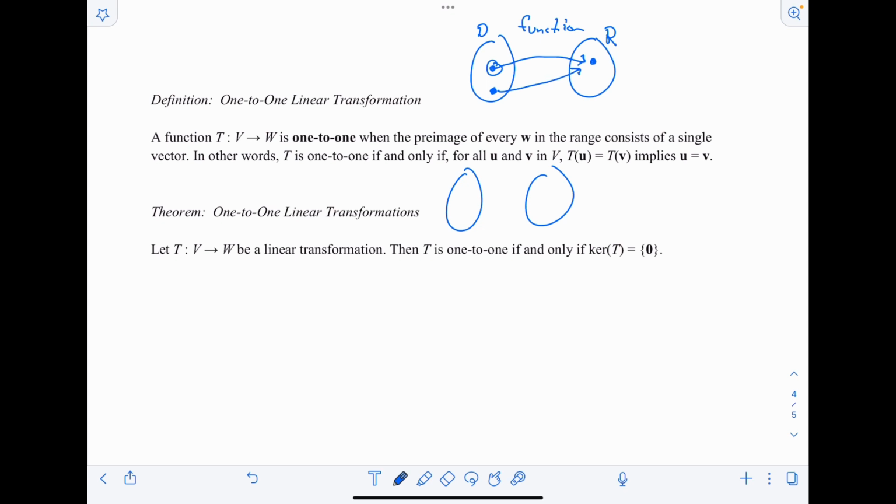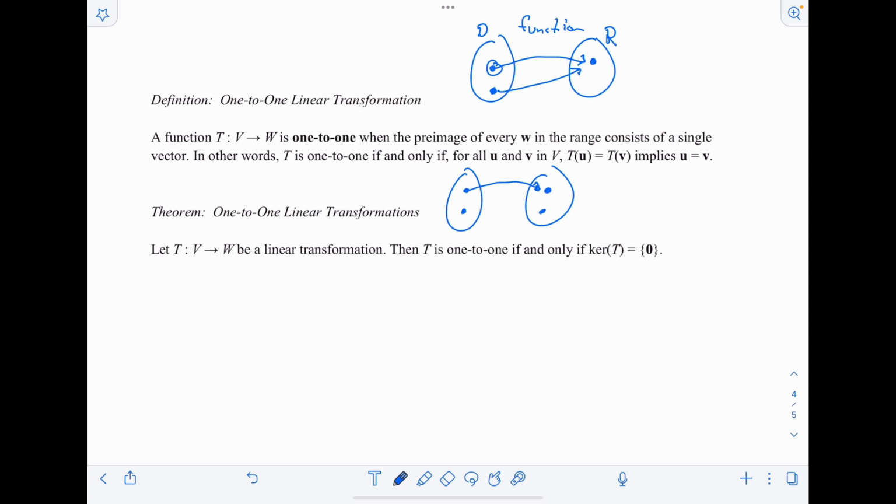That's okay, and it's still a function. So what one-to-one says is now you can't have that. That value in the domain can only map to one value in the range. If I pick a different value in the domain, to be one-to-one, that value cannot map to that same point.